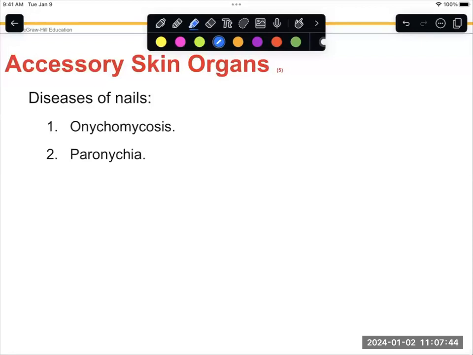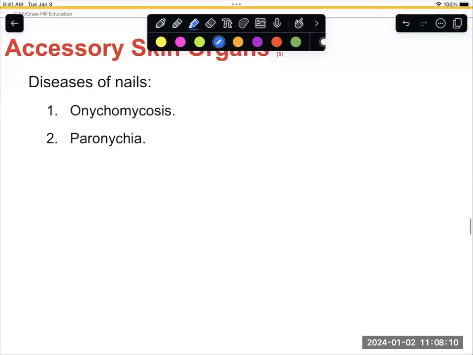If your nails are blue, it's a sign of hypoxia, not enough oxygen in your blood. If your nails have a spoon-shaped appearance, it can mean iron deficiency anemia. If they're cracked and very brittle and there's no infection in them, it could mean malnutrition, not getting the correct nutrients into our system.